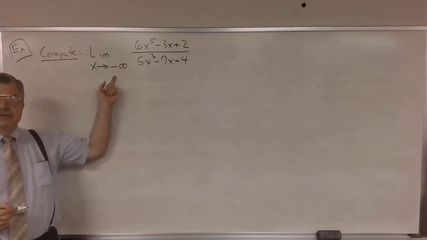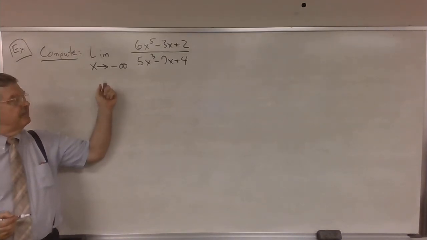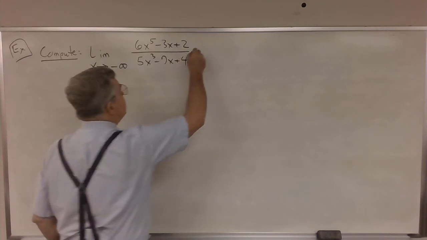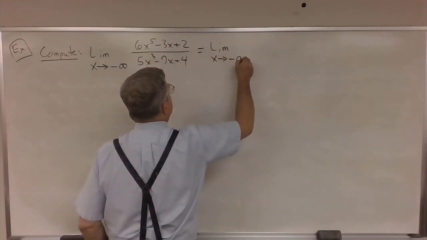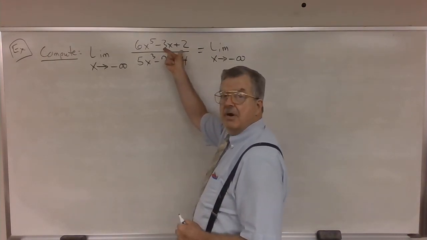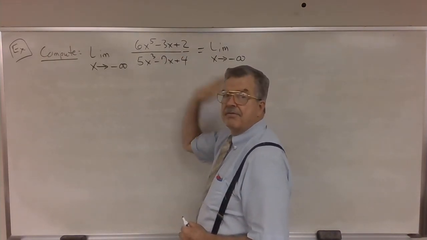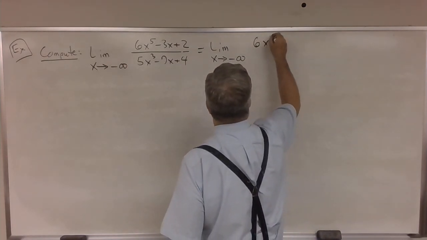We're computing the limit of polynomials as x goes to negative infinity. So what are we going to do? We're going to take all the terms of lower degree in the numerator and throw them away. And we're just going to keep the term of highest degree.